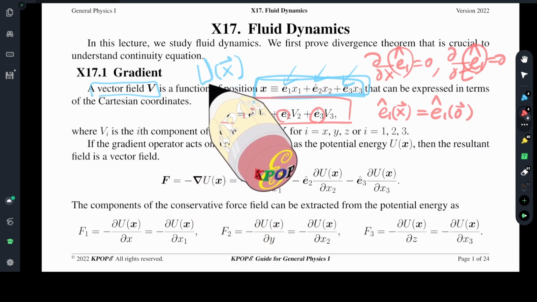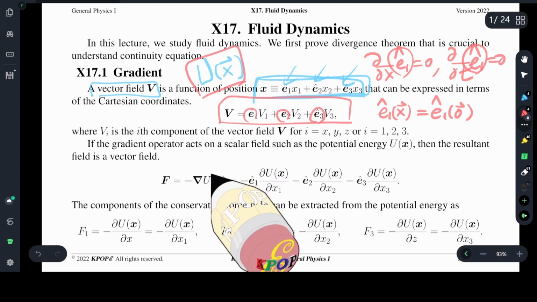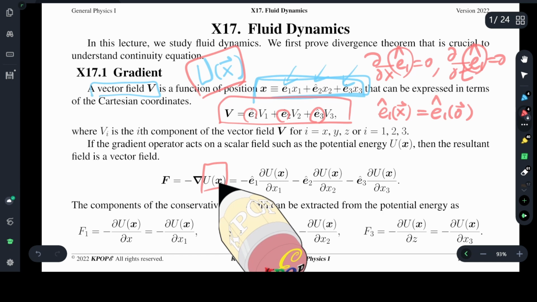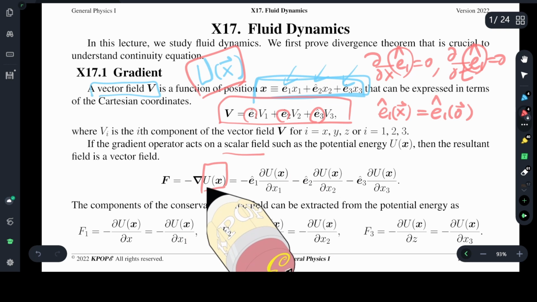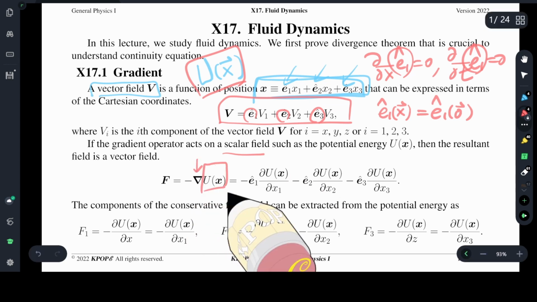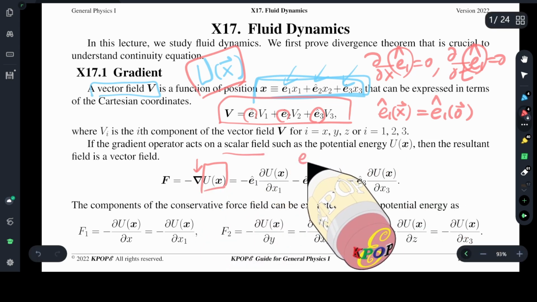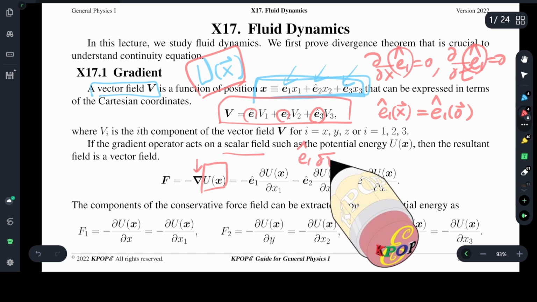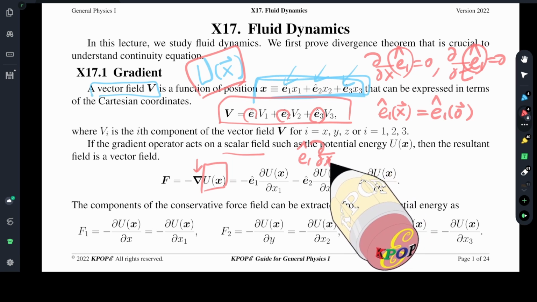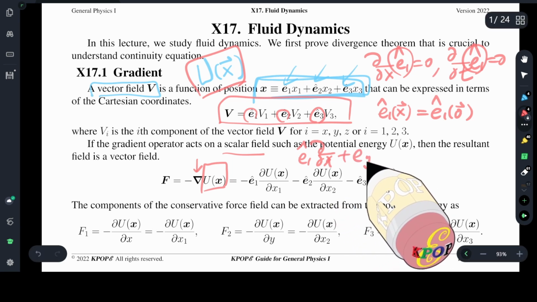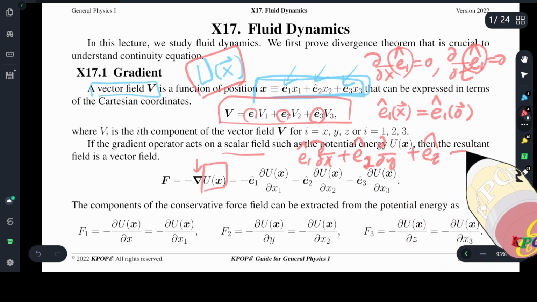Let us consider operating a differential operator on a scalar field first. This is a potential energy, which is a scalar field, and we take the differential operator called the gradient. This gradient is the sum of partial differential operators. So the x component is the x derivative, the y component is the y derivative, and the z component is the z derivative.